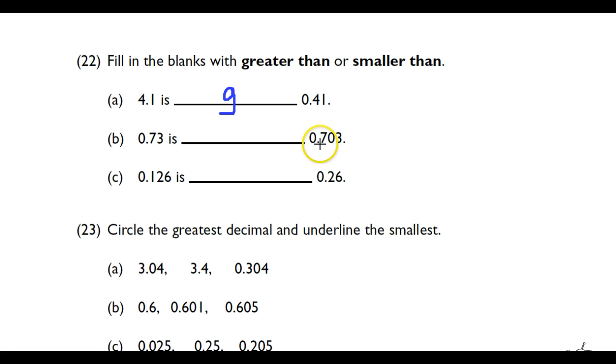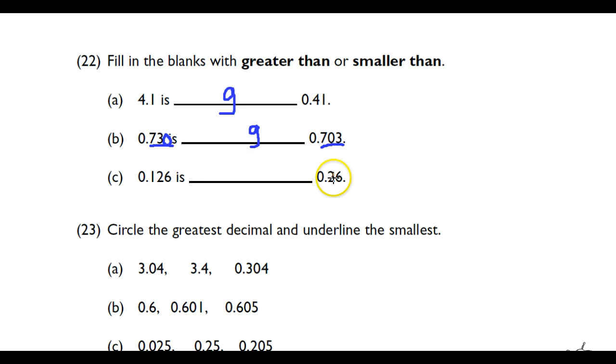Look carefully, this over here looks like 703, and this one you compare, this is not 73, right? This is 730. So this is 730, and this is 703. So definitely this is greater than that, right? How about this?